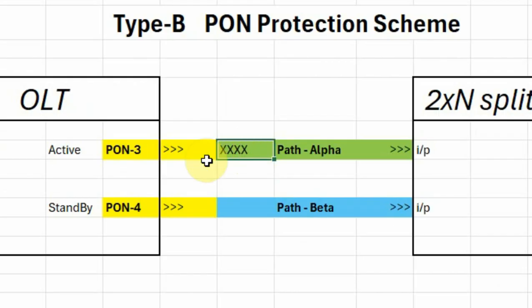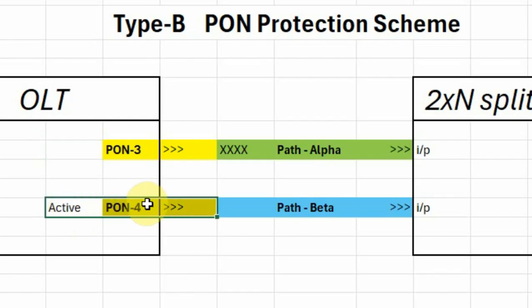So immediately the OLT has the intelligence to sense that there is a cut and it would raise an alarm, and instantly it would switch the traffic to the PON port number 4. So the PON port number 4 would become the active PON port, and the PON port number 3 would become the standby PON port.